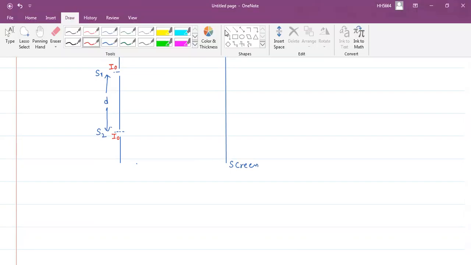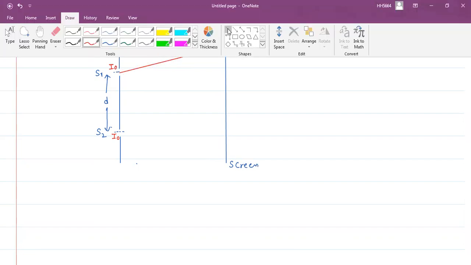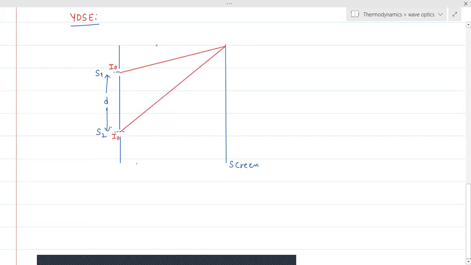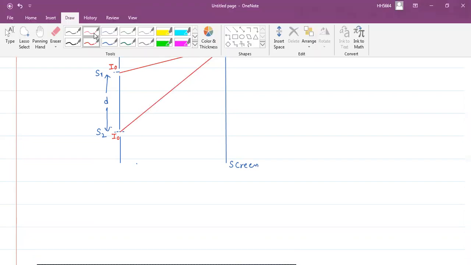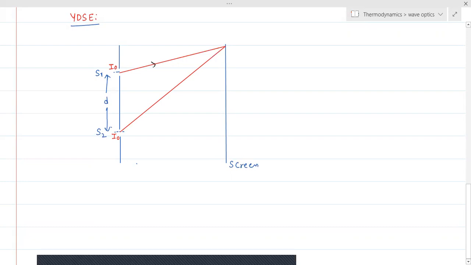So we are assuming two light rays which are originating from S1 as well as S2. So this is one light, and this is another light. This is the total path length covered by the first light ray, and S2P is the total path length covered by the second light ray.